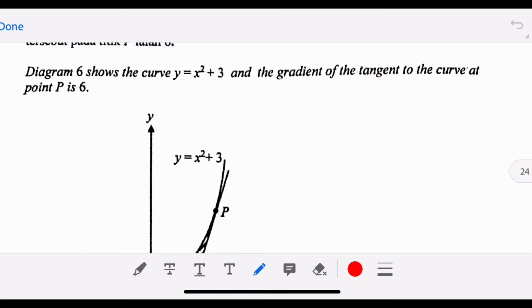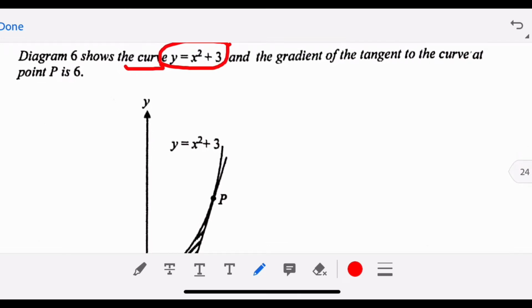So let's have a look at diagram 6, which shows the curve. Let's underline the curve and circle the important information: the gradient of the tangent to the curve at point P is 6.